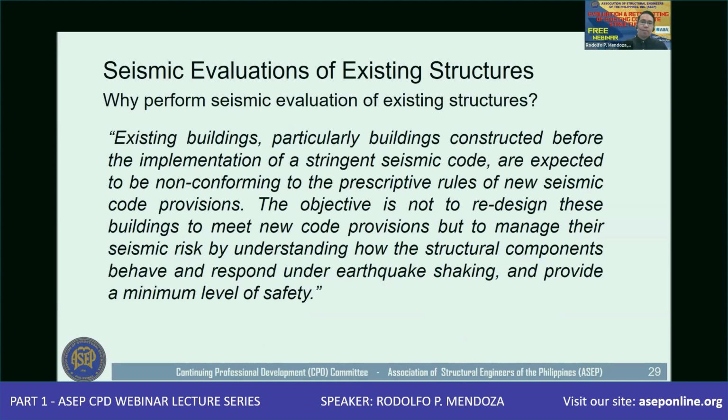We perform it because we all know that existing structures, particularly those designed way back before the implementation of a stringent seismic code, are actually expected to be non-conforming to the prescriptive rules of the new seismic code provisions. The objective is not to redesign these buildings to meet new code provisions, but really just to manage the seismic risks by understanding how these structural components will behave and respond under earthquake shaking. And our objective really is to provide a minimum level of safety.